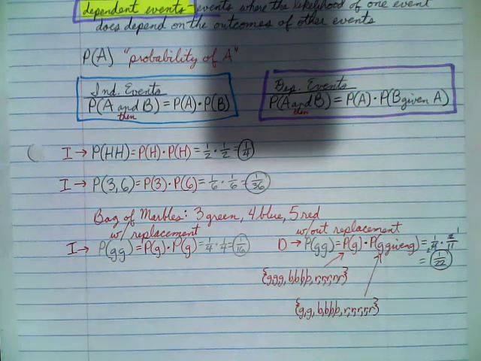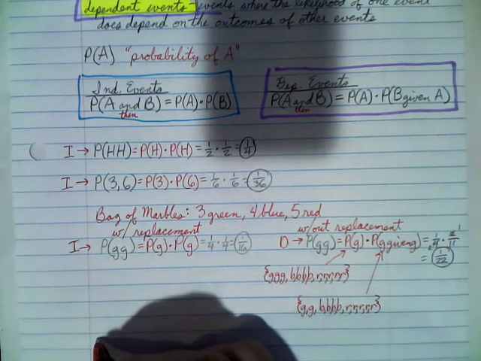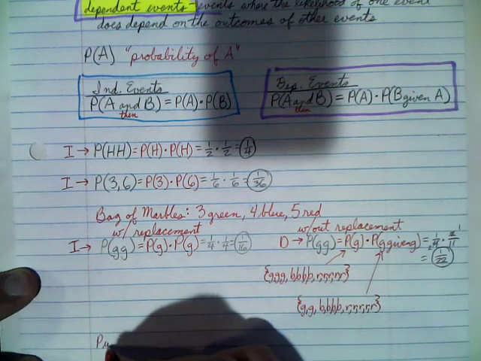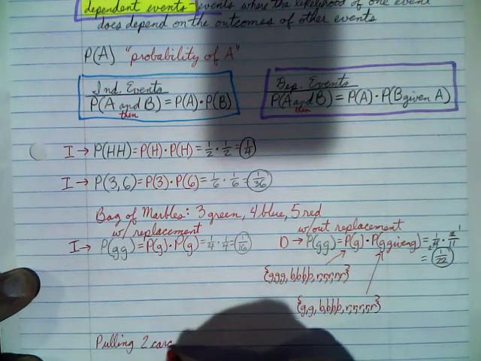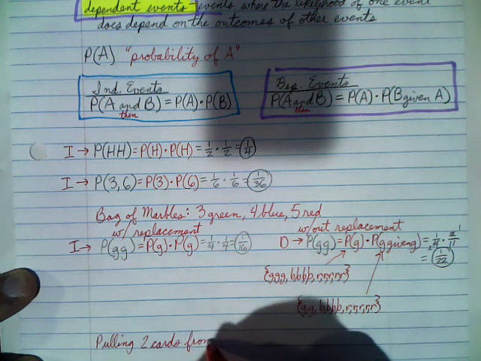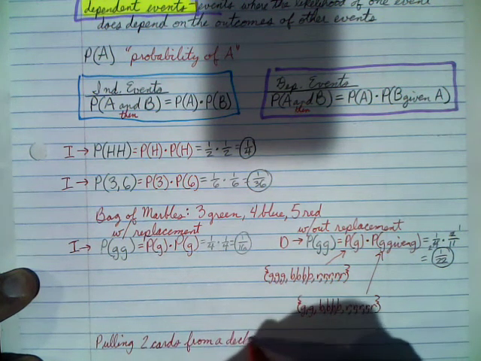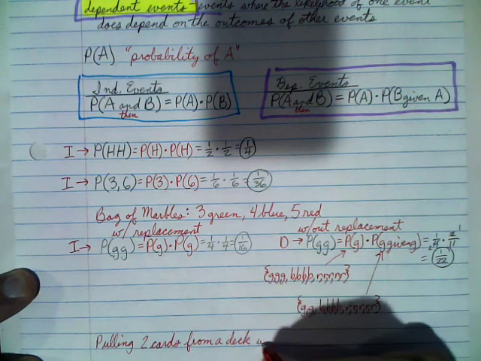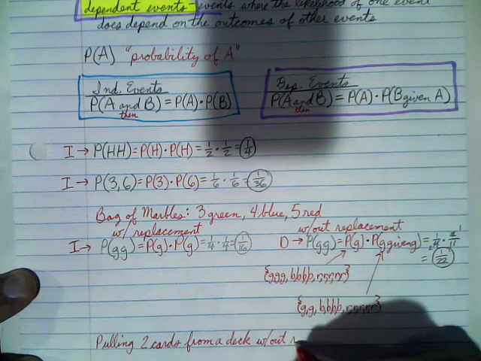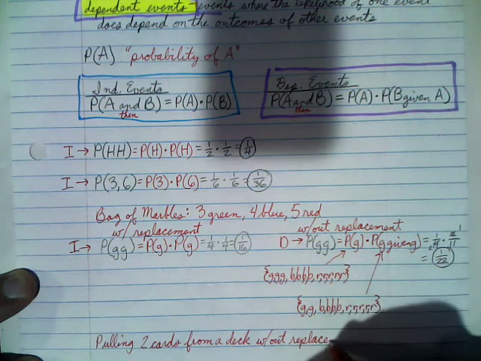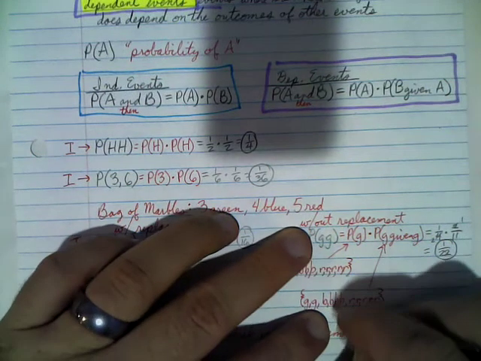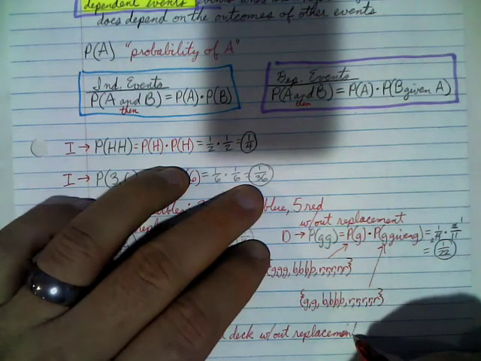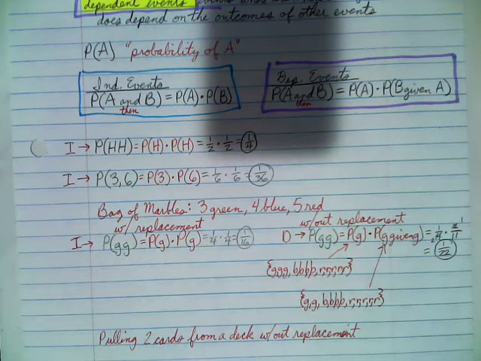And that's dependent probability. So let's say we're looking at pulling 2 cards from a deck without replacement. So first of all, if you pull a card out of a deck, there are 52 cards in the deck.